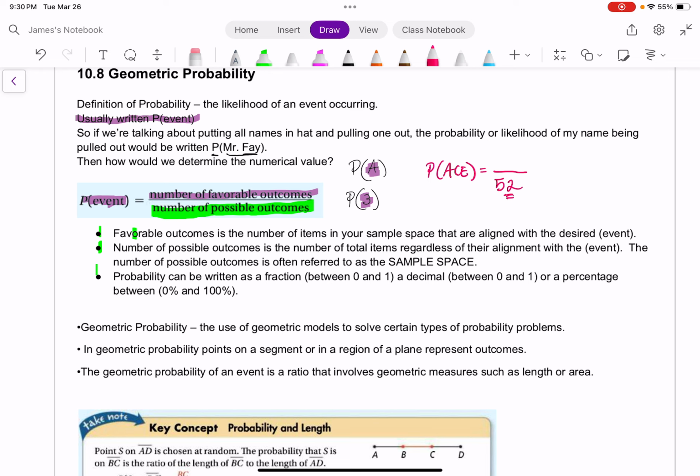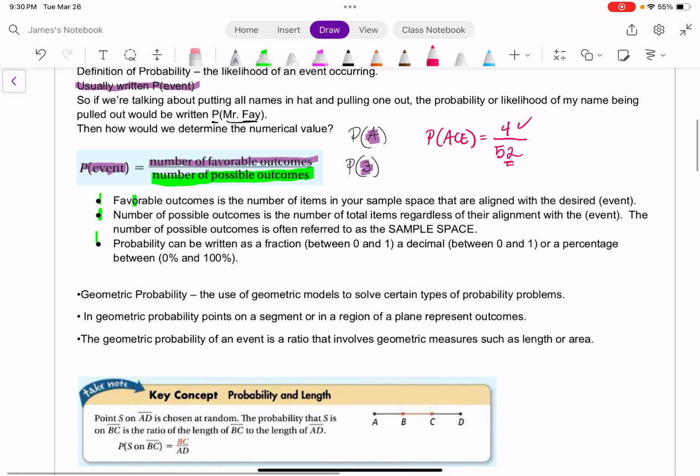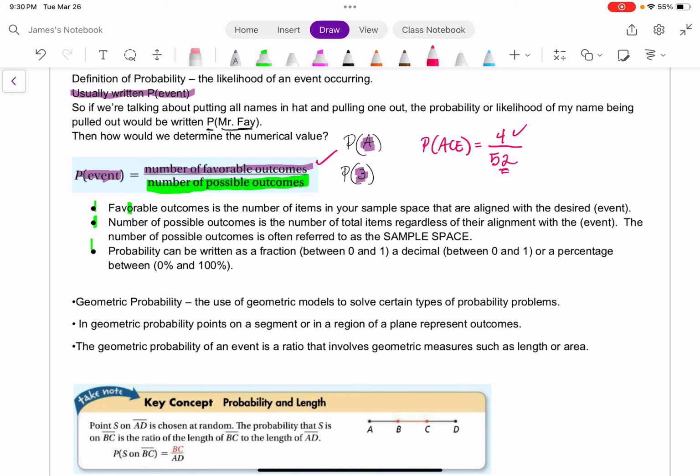There's 52 different cards that we could pull out. 4 of those cards are aces, so the 4 is the number of favorable outcomes. I'm looking for aces, those are aligned with the favorable outcomes, and the 52 is aligned with the number of possible outcomes. Second bullet here, number of possible outcomes is the number of total items regardless of their alignment with the event. The number of possible outcomes is often referred to as the sample space.